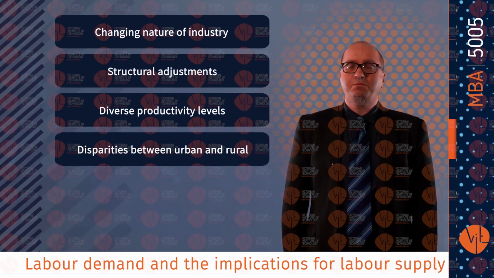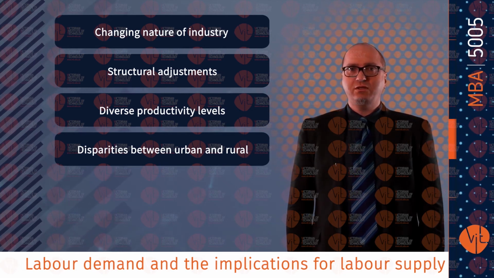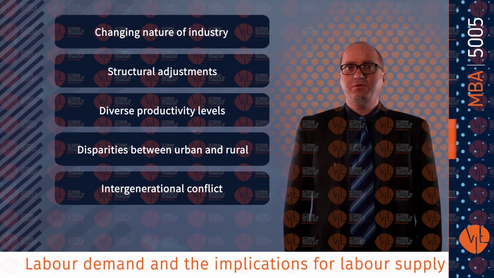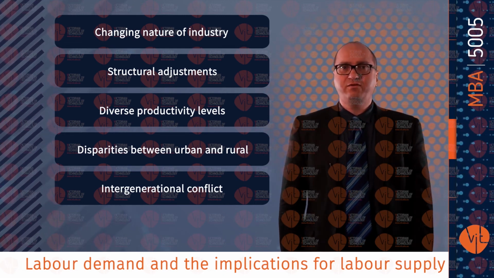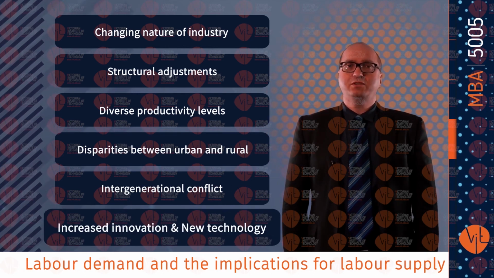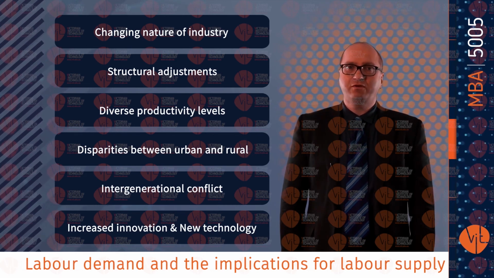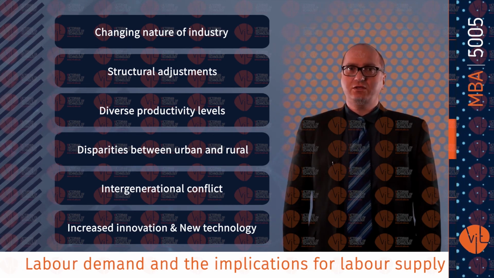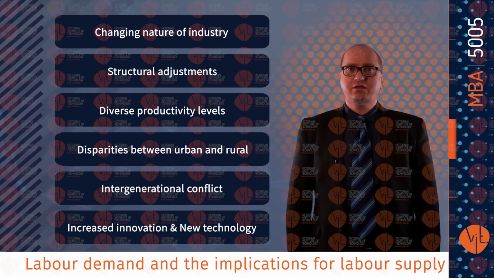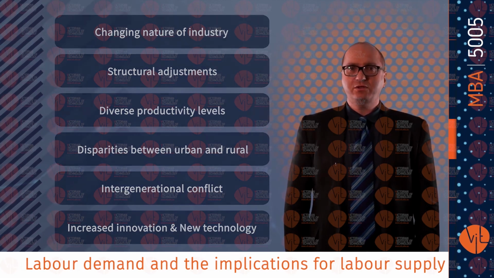Urban and rural gap between availability of resources and usage of resources is widening. Intergenerational conflict between preferences and employability and learning styles and development abilities of different generations is becoming an issue. Continuous demand for increased innovation and the influence of new technology, for example, digitization in the manufacturing industry, use of robotics, all of these things, artificial intelligence, is creating pressure on the labor supply and human resource plans.